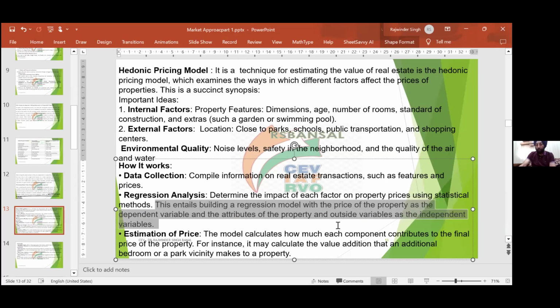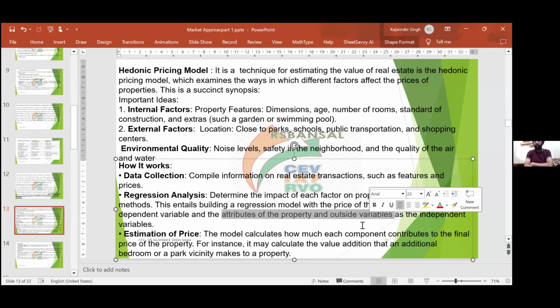So this is how the price of the property varies with the variation of these factors, attributes of the property and outside variables.